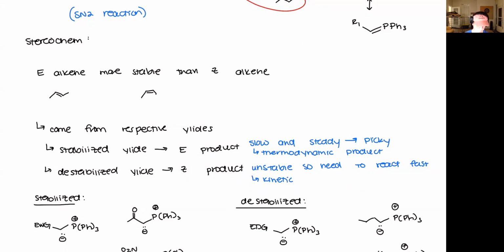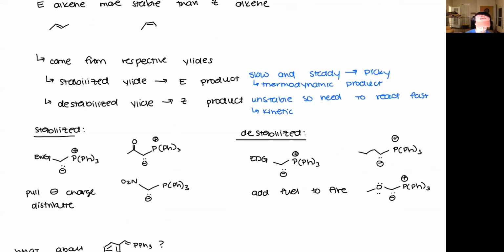A lot of times students get confused about what is a stabilized versus destabilized ylide. If we look at this generic skeletal structure right here, an electron withdrawing group will stabilize the ylide.